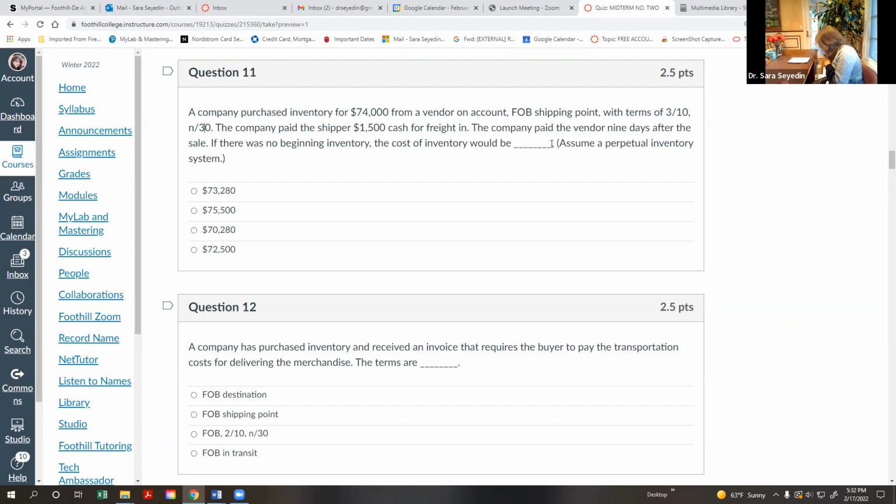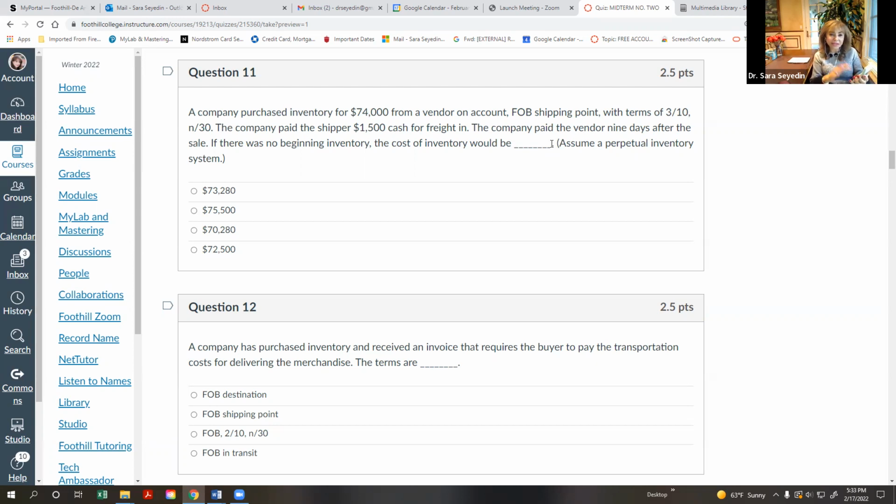And let me grab a calculator. So 45,000 times 97%, that means the buyer's cost is 43,650 plus, since this was FOB shipping point, the buyer had to pay for shipping.